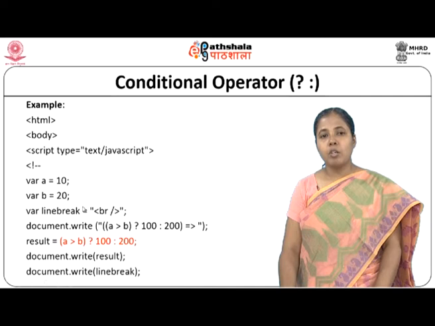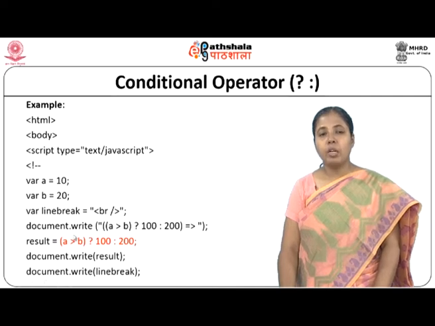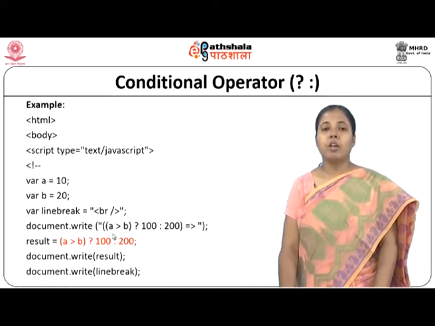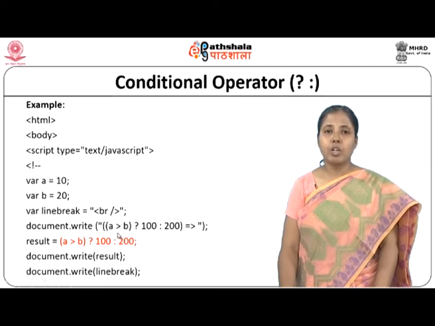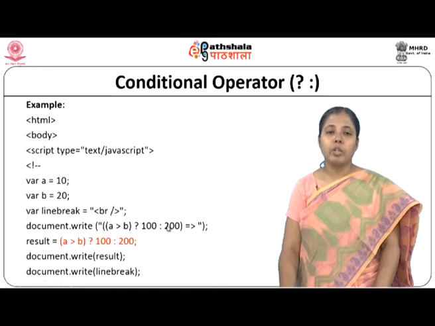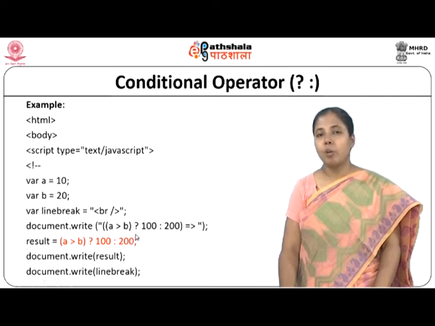So, you can see here you have variables A and B. This is where the conditional operator is used. You check if A is greater than B. If this condition becomes true, the second expression gets executed. If the condition becomes false, the third gets executed. Similar to C, C++ or Java, the conditional operator works the same way in JavaScript too.